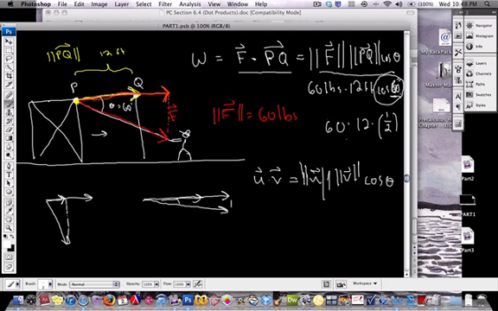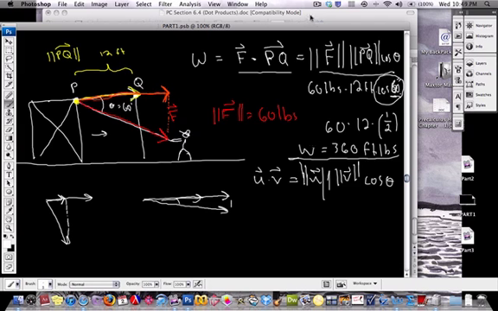So that's 60 times 6. That's 360. And then pounds times feet, we're going to call those foot pounds. That's one unit for work. It's the equivalent of moving 360 pounds 1 foot, or moving 1 pound 360 feet. That amount of work is the amount of work this guy just did.